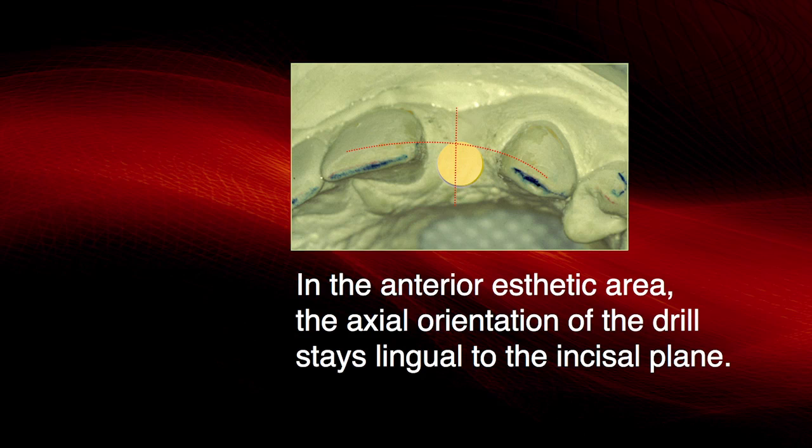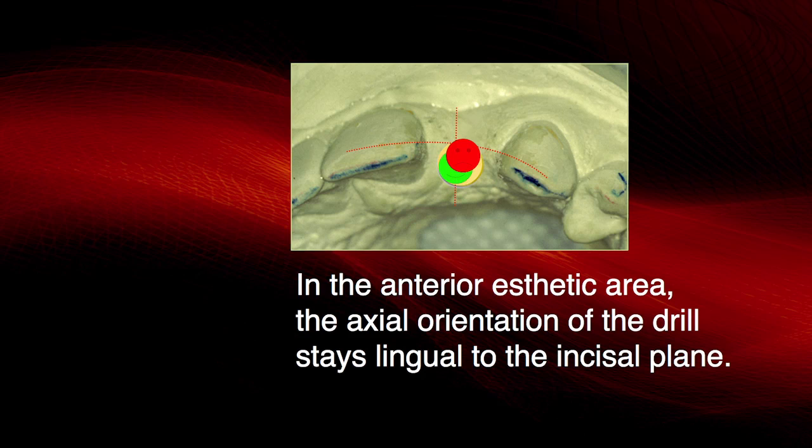You can do this on the model, and the next few slides will illustrate that. So we have ideal placement away from the facial bone. If it's too far facial, then you have a chance to get an avascular necrosis, which means that the tissue and the bone are going to resorb and the patient's going to show metal.